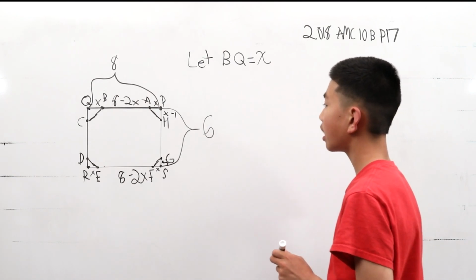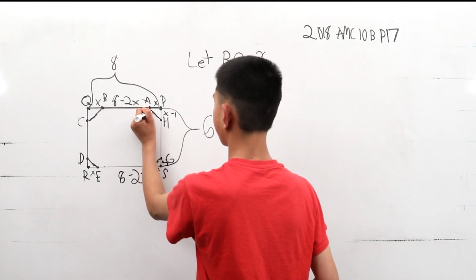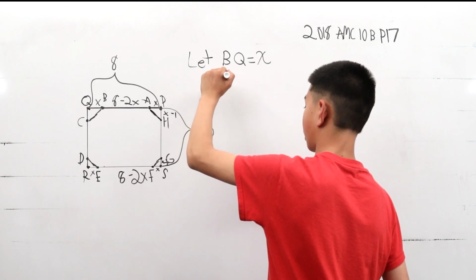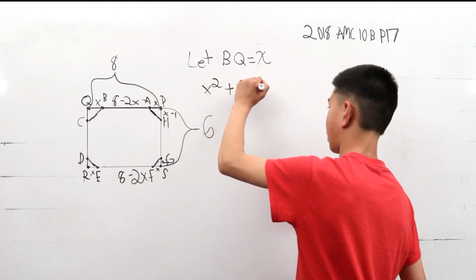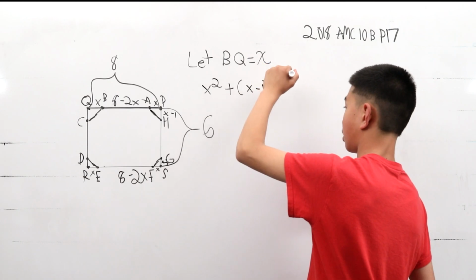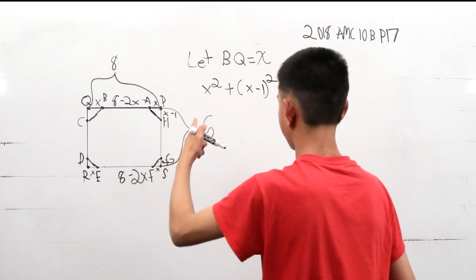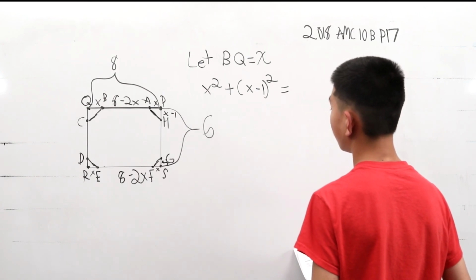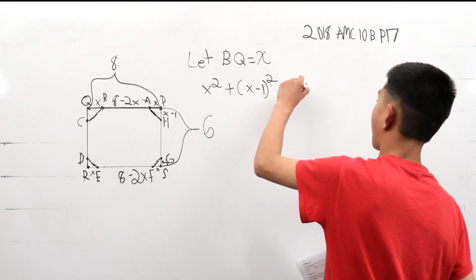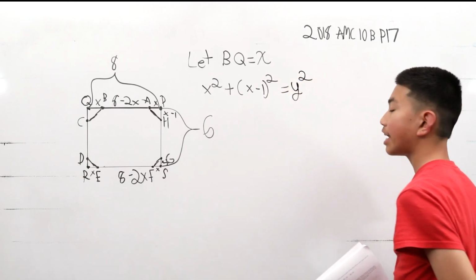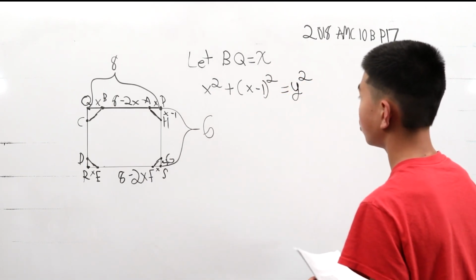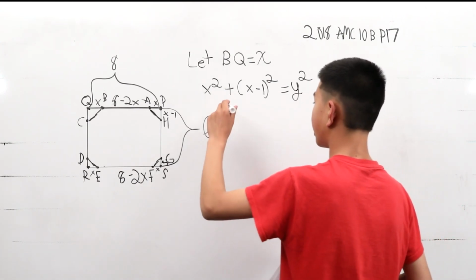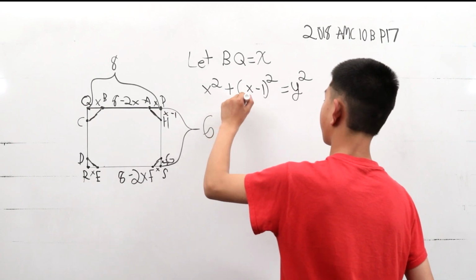So we can now use the Pythagorean theorem to determine this side. We get x squared plus (x minus 1) squared is equal to this side length squared. Let's call this y squared. In a normal Pythagorean outline, we can multiply this out.